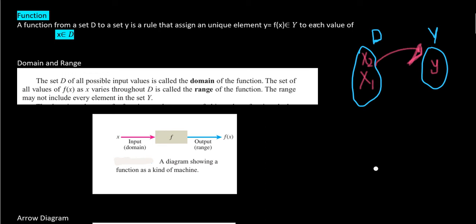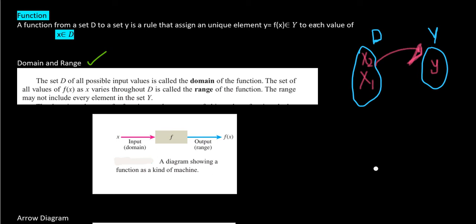Next, we will see what the domain and range of a function are. The set D of all possible input values is called the domain of the function. All the values of x1, x2, x3 contained in the D set that are going to be put in the function of y are called the domain of the function.